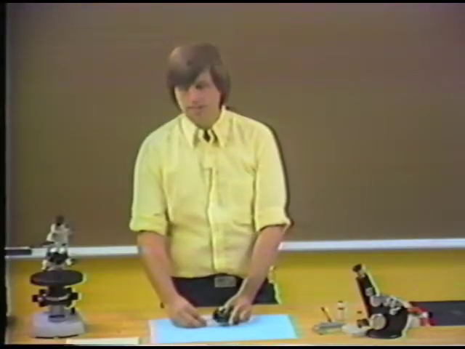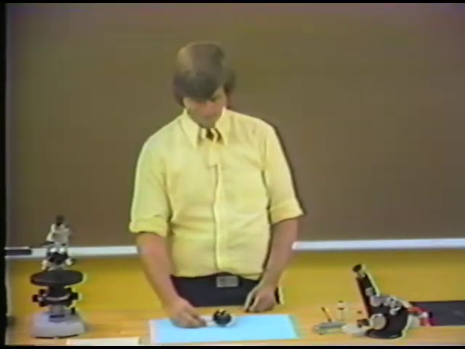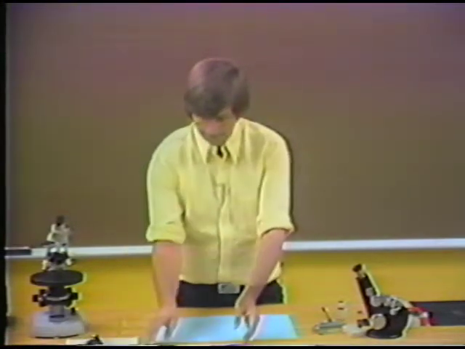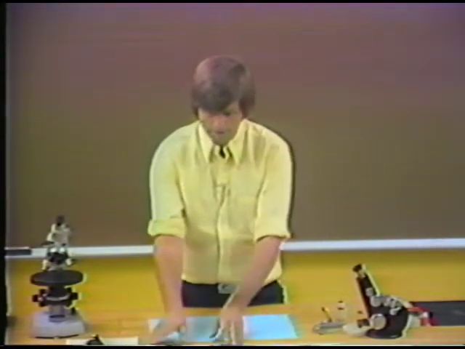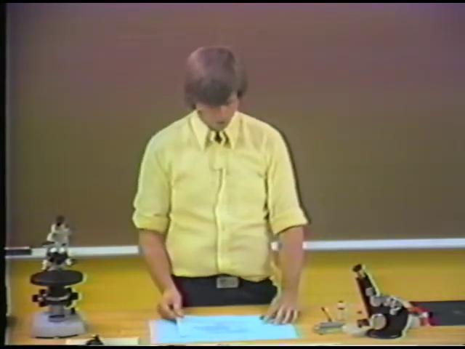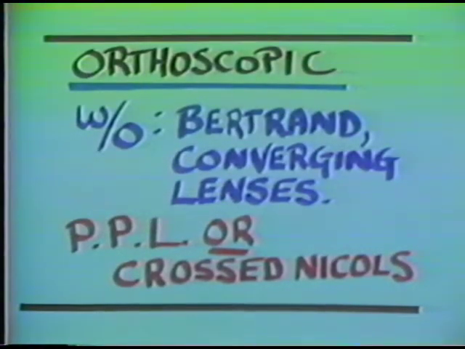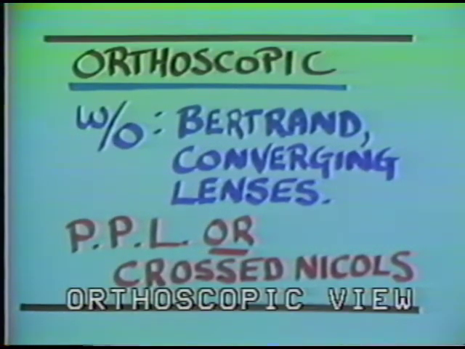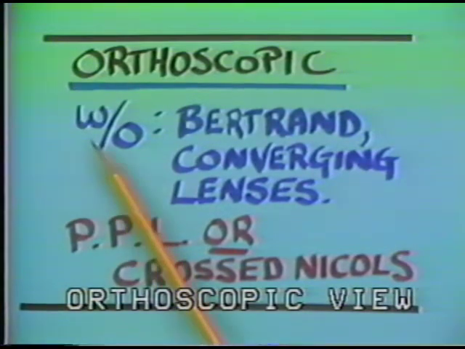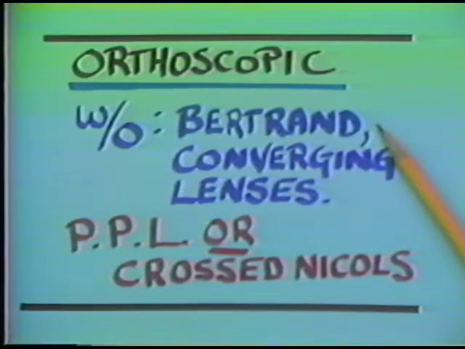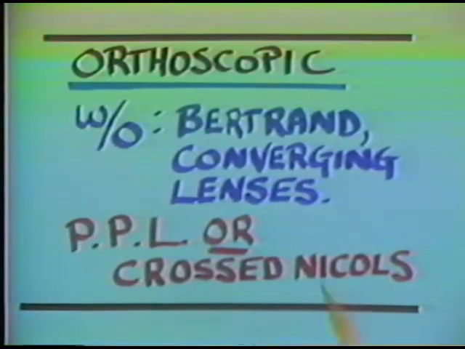Now there are two main ways to operate the petrographic microscope. And the first way that I'm going to talk about is orthoscopic view. Now orthoscopic view is perhaps the most common way that we look at specimens. In orthoscopic view, we operate without both the Bertrand and converging lenses. I'll show you the Bertrand lens in a second here.